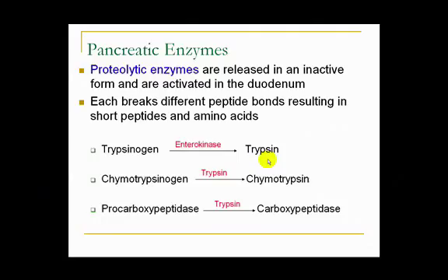And then chymotrypsin recognizes different bonds. Maybe it recognizes a bond between glycine and aspartic acid, and it'd cut there. The idea is each of these enzymes cut at different peptide bonds where it sees certain amino acids, and so they chop it up like scissors, and eventually you get shorter peptide fragments.